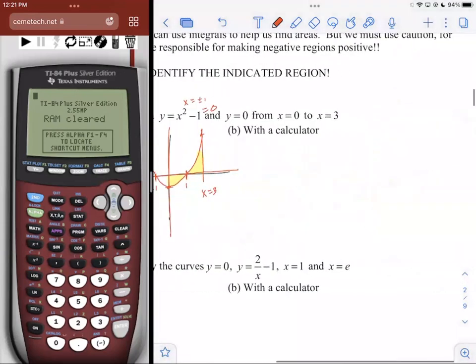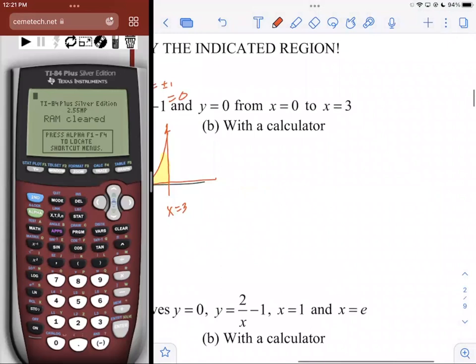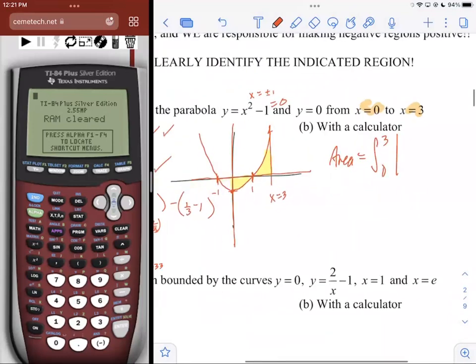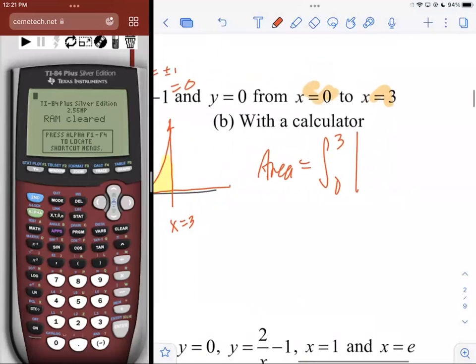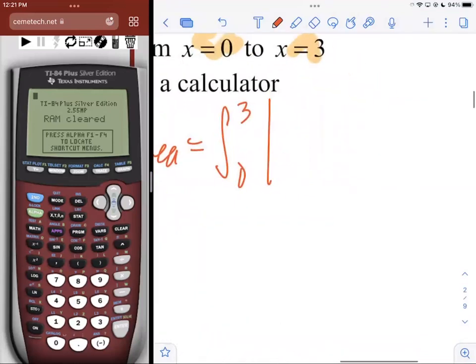So here's also what you'd have to show. We're going from x equals 0 to 3. Okay. The area then is going to be the integral from 0 to 3. We'll just go straight across from left to right by taking the absolute value. I don't want to put f of x there because the function is now called f of x. Okay. If it were called f of x, I could just put f of x there. It's x squared minus 1.